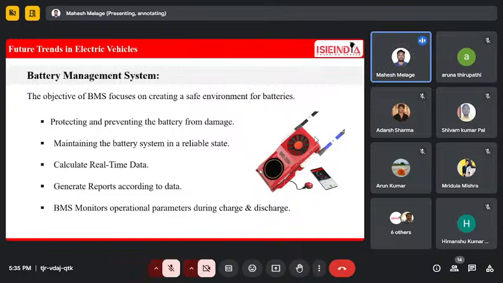Why? Because overcharging affects the performance of the battery, and deep discharge also affects the battery performance. So what is the range of the battery?